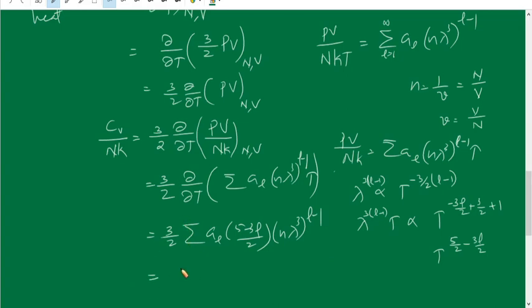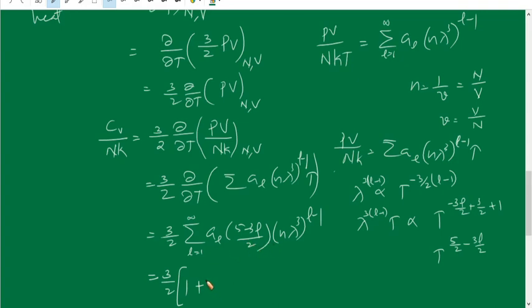We can write this as 3 divided by 2 into, first coefficient is 1, plus the second term for L equal to 2: 5 minus 3 into 2, that is minus 1 by 2 times A_2.